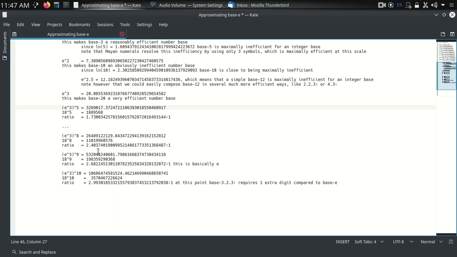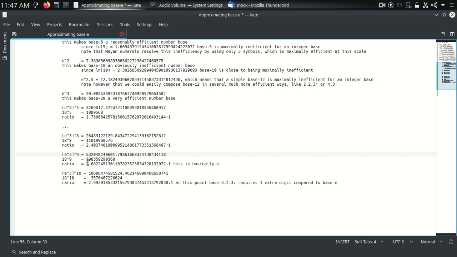When we go to the 9th, so this is going to be 9 full cycles of that. So this is a big number, right? We're looking at, let's see, what is this? Half a trillion.